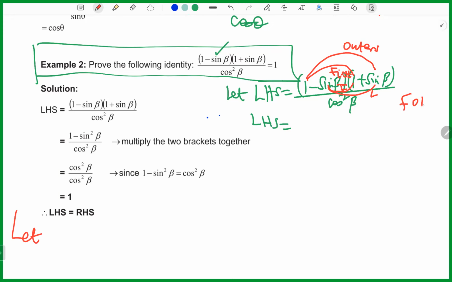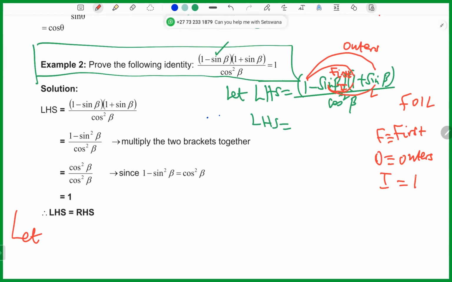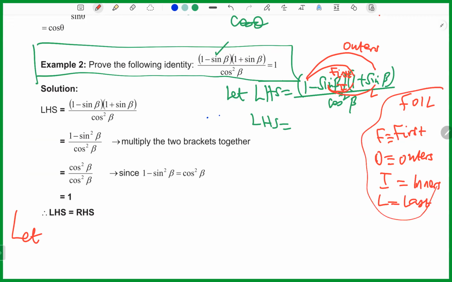So we call it FOIL, where the F stands for the first, and the O stands for outers, the I stands for inners, and the L stands for the last. Okay, so just a note on the FOIL method there. All right, so you continue.